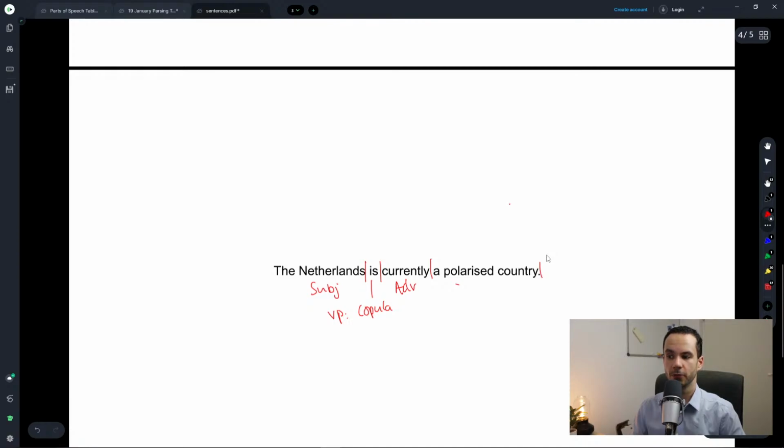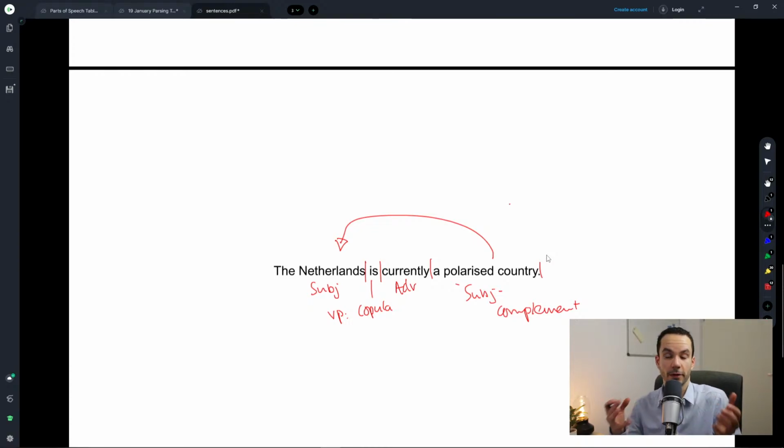Now, this polarized country says something about the Netherlands, and is a copula. And because it's a copula, we call this our subject complement. Right? That's why this is a very nice sentence to analyze, because we have a subject, verb phrase, and a subject complement. A polarized country.